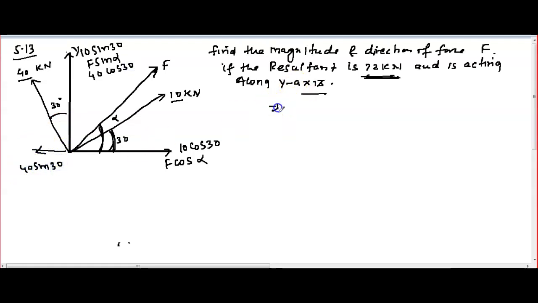So the total horizontal force, how much? 10 cos 30 minus 40 sin 30, and plus this one also, F cos alpha, is equal to 72.